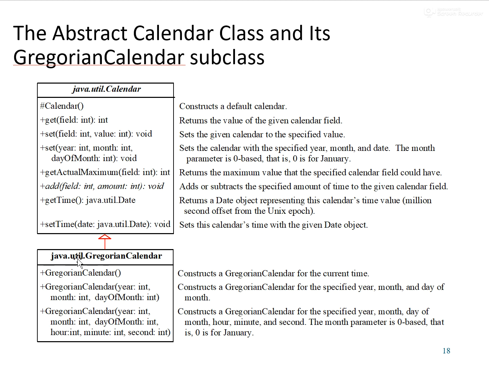So there's a bunch of ways you can create a Gregorian calendar object and initialize it. But after that, if you want to manipulate or even just view any of the data contents of a calendar object, you will be reverting to the methods that you're inheriting from the abstract calendar class.